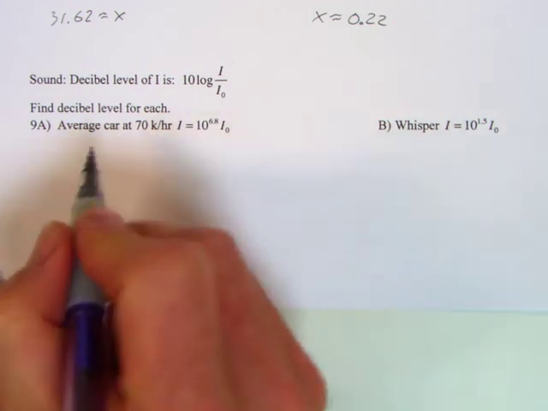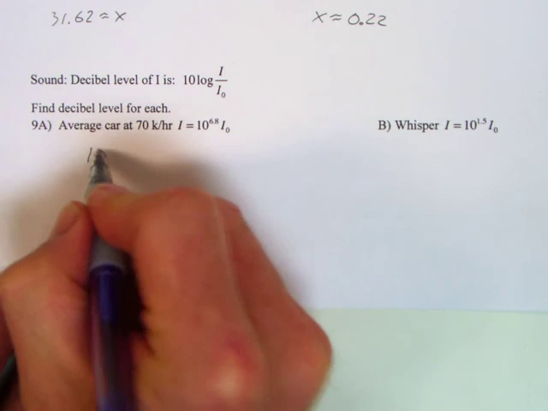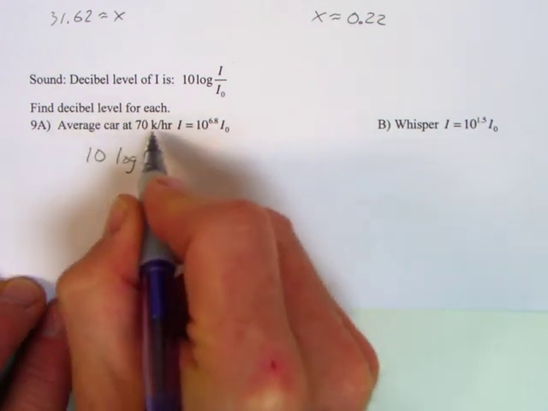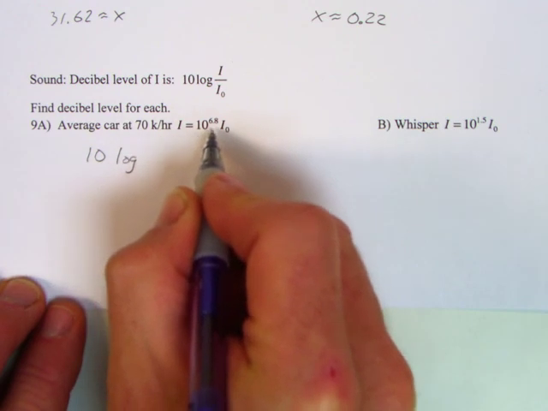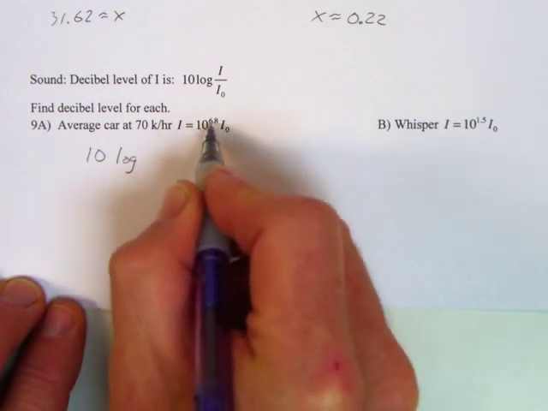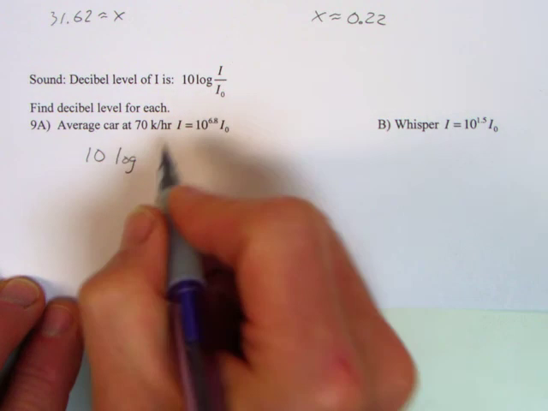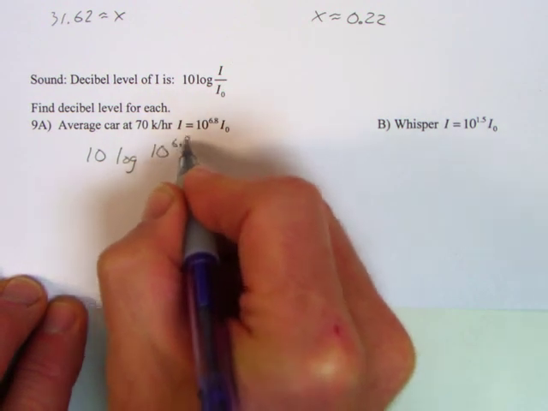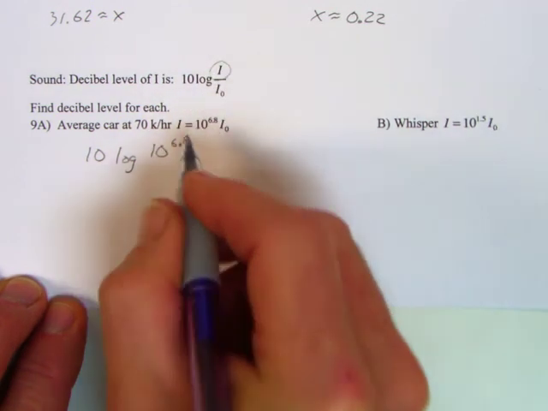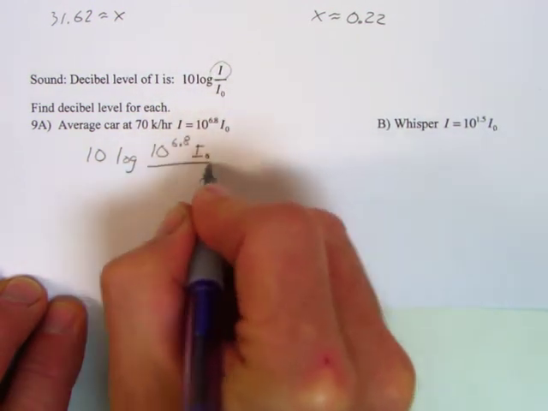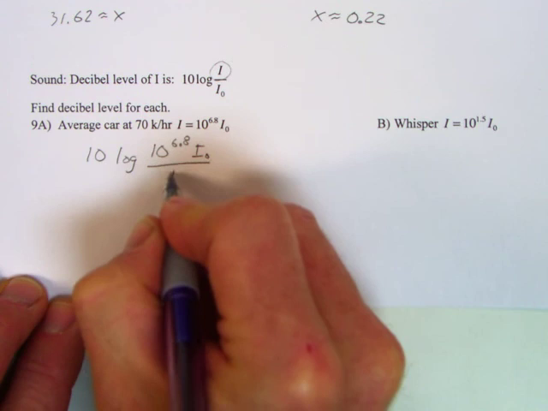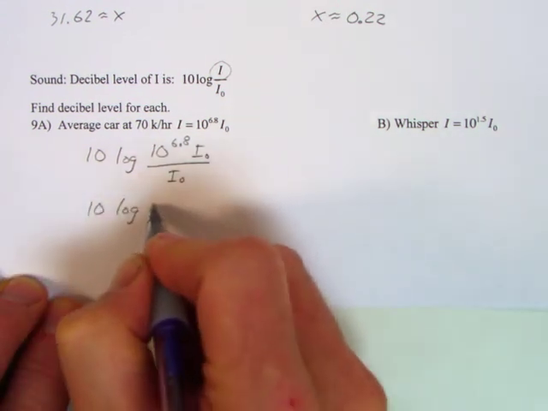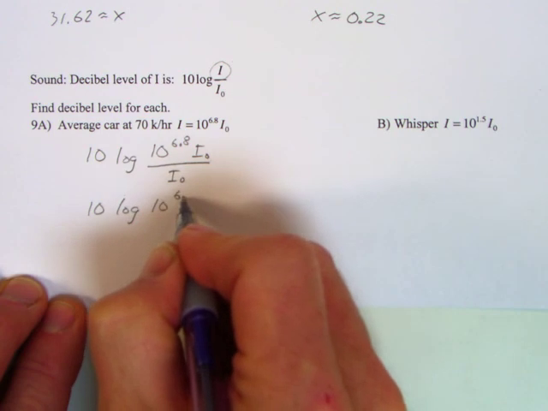So we'll have 10 log of, for an average car at 70 kilometers per hour, I is 10 to the 6.8 times I sub 0, so we'll plug in 10 to the 6.8 times I sub 0, divided by I sub 0. So we get 10 times log of 10 to the 6.8.